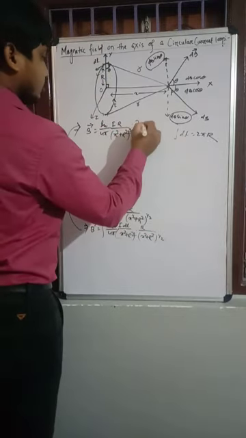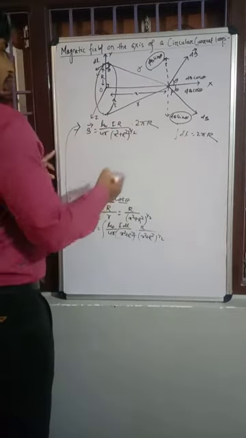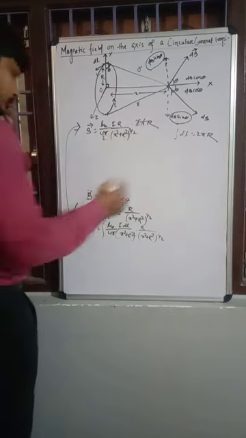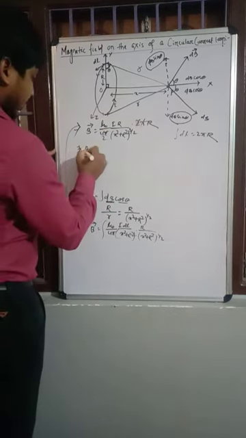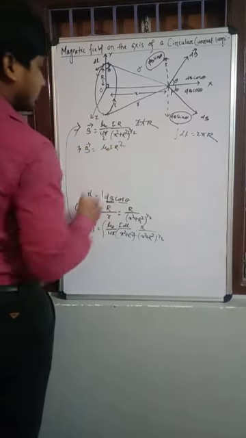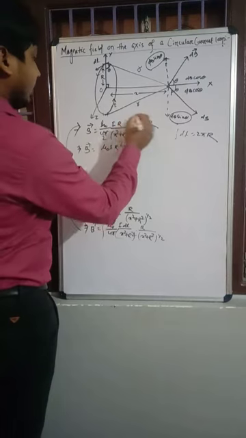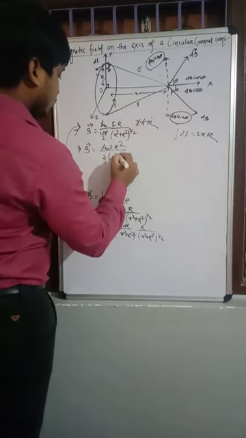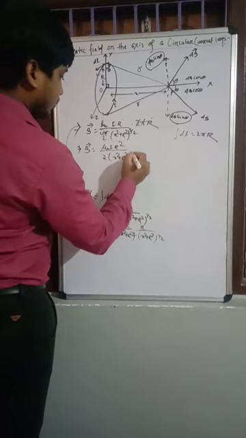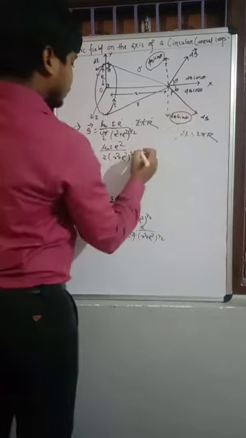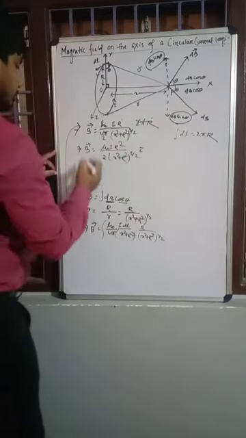So I am writing 2 pi r, and you can see that this pi, 2 pi, here 2 will be cancelled, and you will get this magnetic field is given by mu naught I r square divided by 2 times x square plus r square to the power 3 by 2 along the x axis.